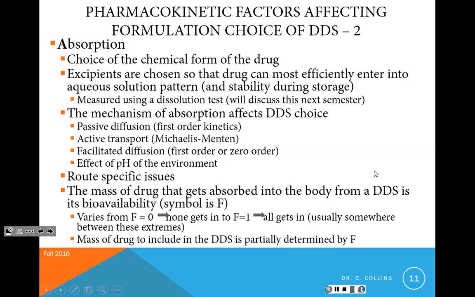A standard injected dose of Lasix, 1 milligram. Its bioavailability is awful. But enough gets in. So how much drug we include in that drug delivery system is partly determined by F and everything else. So a lot of factors to consider.